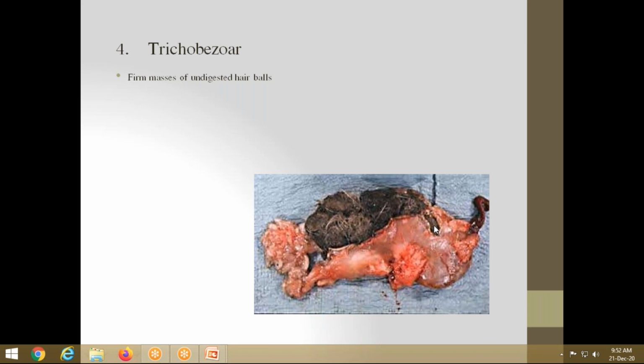These patients need psychological counseling also to prevent further episodes. Post-operative psychotherapy is also advised.